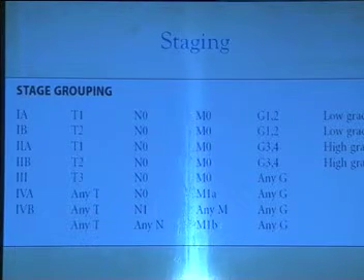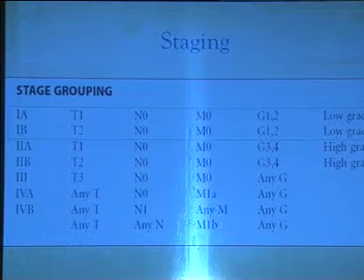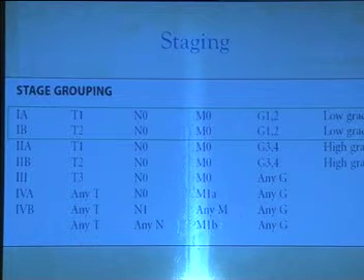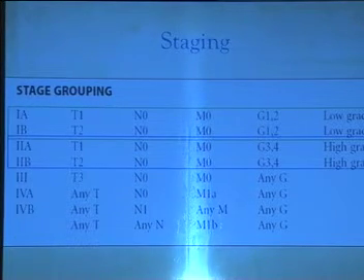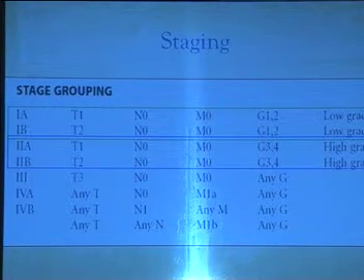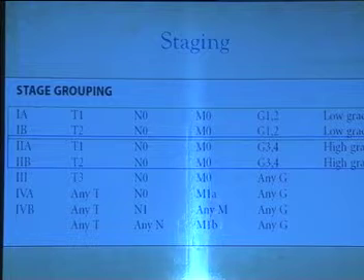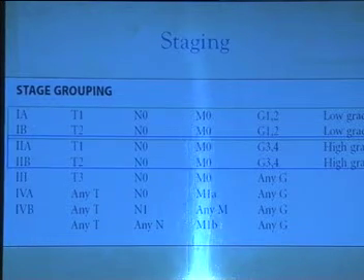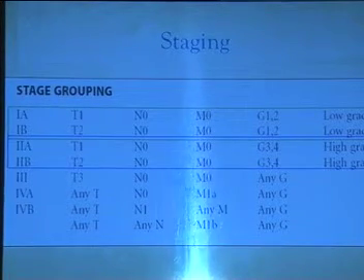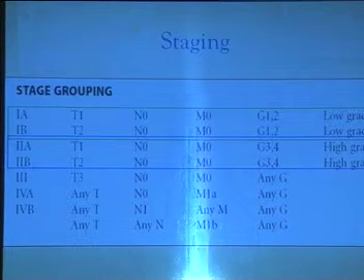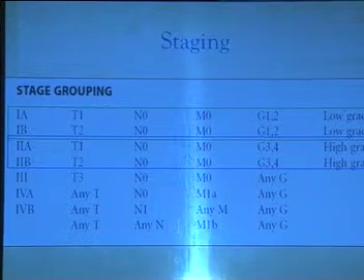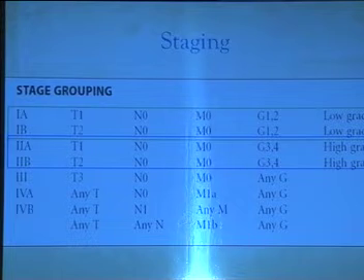So if we look at the full stage grouping, we have stage 1, stage 2, stage 3, and stage 4. Just to simplify it, all low-grade tumors which are localized, that is not spread anywhere else, are stage 1.